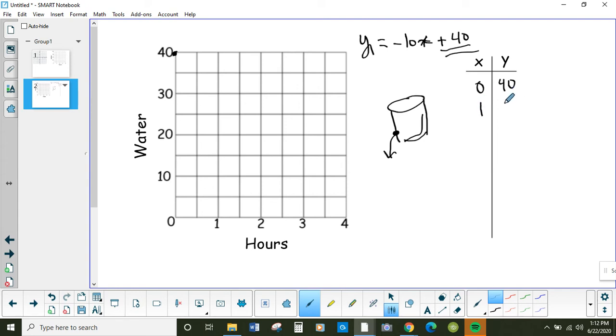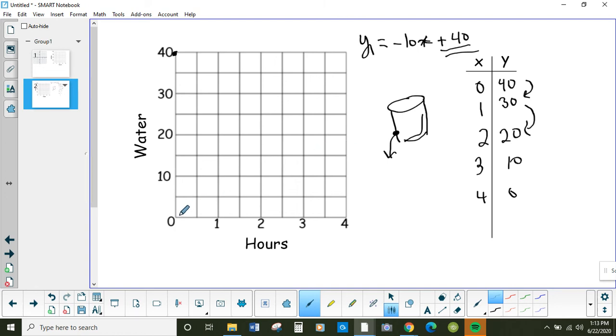So after 1 hour, if it's leaking 10 gallons an hour, 10 gallons are gone. 2 hours later, 10 more gallons are gone. We're just subtracting 10 every time, right? And when we're subtracting the same amount every time, this is what we call linear, or it will make a line for sure. And after 4 hours, it's all gone.